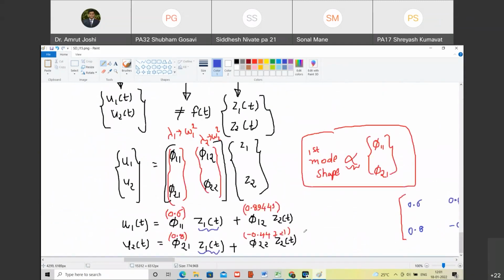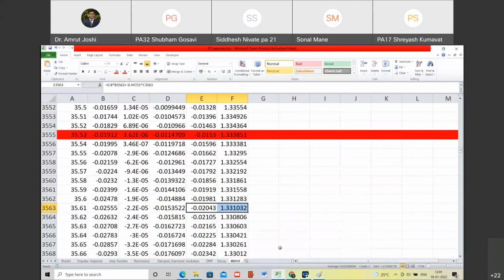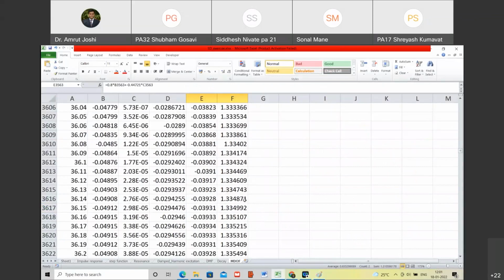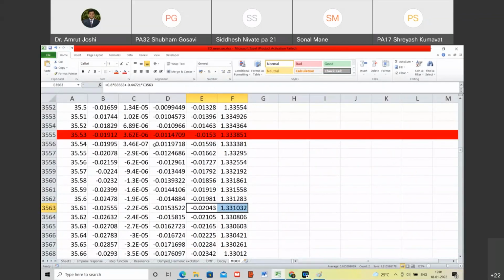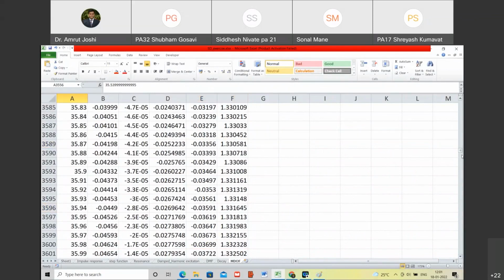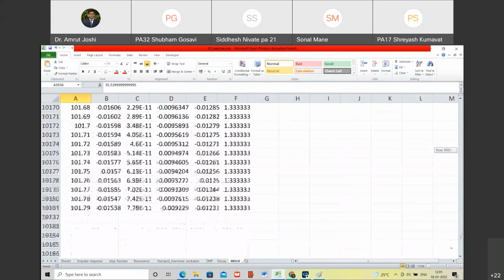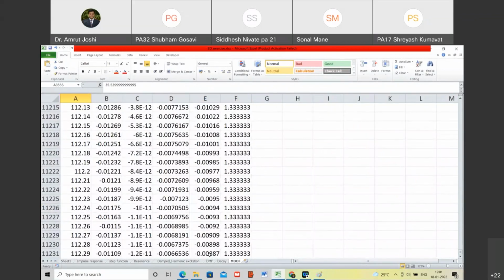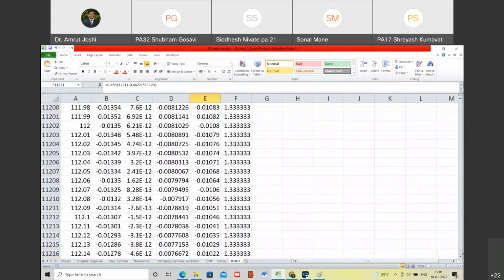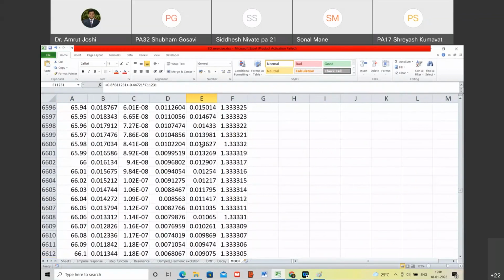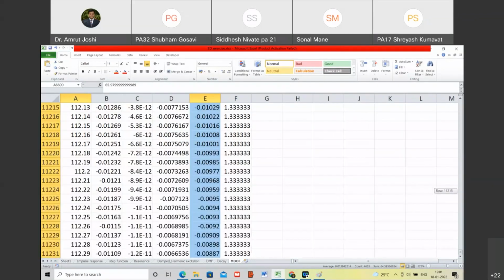अब जरा देखो, if I were to plot the response u1 of t after 35 seconds, 35 सेकेंड्स के बाद अगर मैं ये रिस्पॉन्स प्लॉट करता हूँ u1 ऑफ t और u2 ऑफ t, दोनों प्लॉट करूँ. Let me plot both for you. So let me plot u1 of t. After 35 seconds I can take anything, so I took 65. Are you with me?